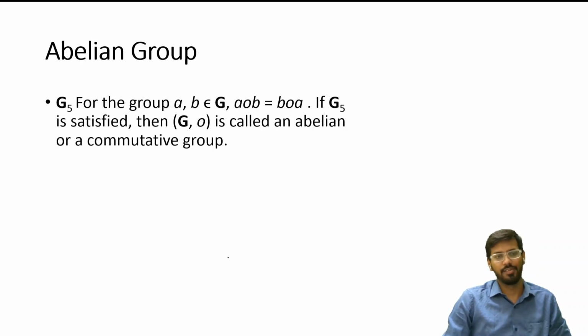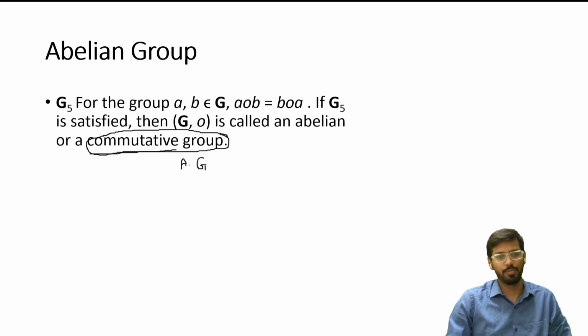Now we will define abelian group. If all five properties are satisfied in a set, then we will call it an abelian group. Or if a group satisfies the commutative property, then we will call it an abelian group. So a commutative group is called an abelian group.